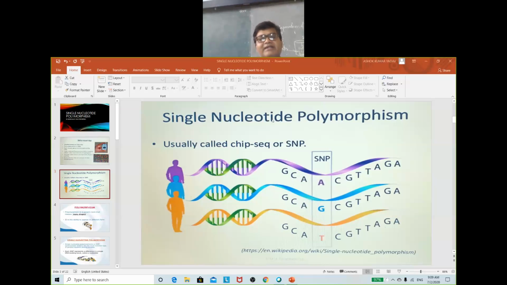Third point, if a gene is associated with a defect, if there is a defective gene present or a regulatory gene associated with the defective gene, then there is disease development.